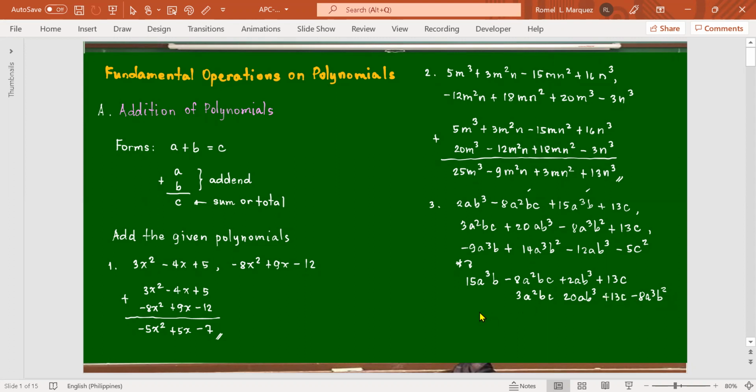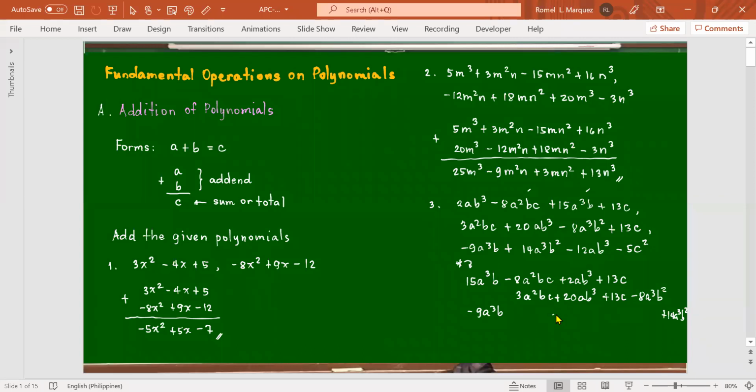The last one, negative 9a cubed b, then plus 14a cubed b squared. Do we have a cubed b squared? None, no? Plus 14a cubed b squared. Am I right? We don't have that so far. And then, negative 12ab cubed.